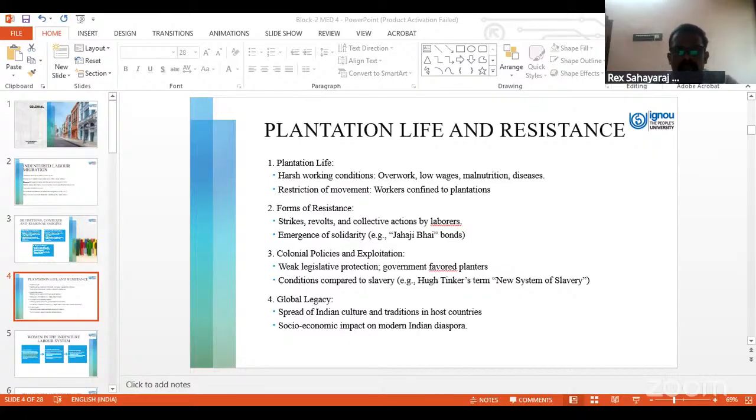And plantation life and resistance, a very important area. When you say plantation life and resistance, it's the harsh working conditions we know, overwork, low wages, malnutrition, diseases, and a lot of resistance also took place. So plantation life restricted the free movement of laborers outside their estates.